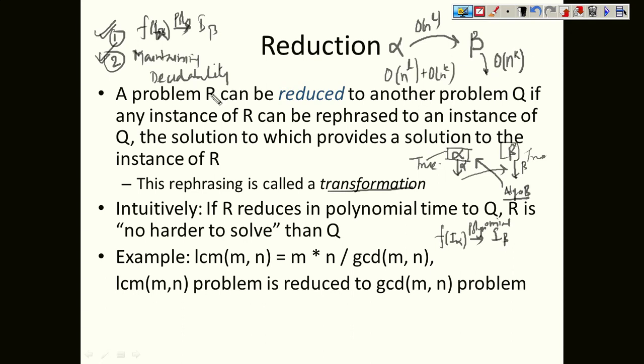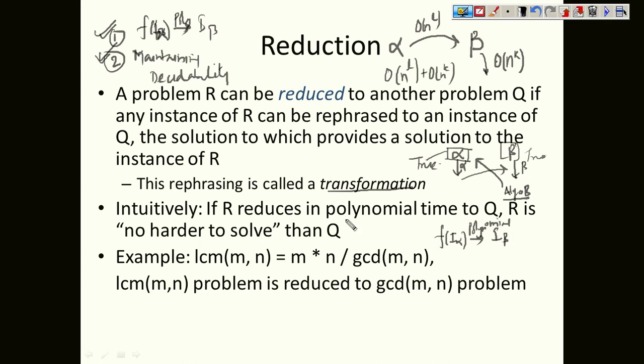Now let us read some lines here. A problem R can be reduced to another problem Q if any instance of R can be rephrased to an instance of Q, the solution to which provides a solution to the instance of R. That is what we have seen: if you are able to make a function that maps the instances of alpha to the instances of beta, so that these instances can be solved using the algorithm of beta, this is called transformation.